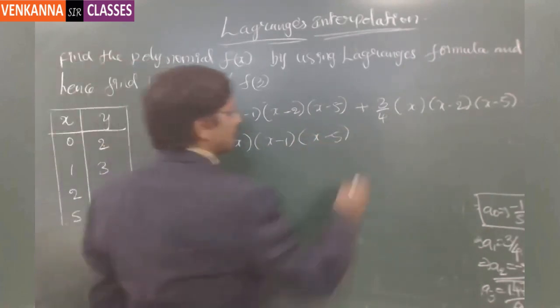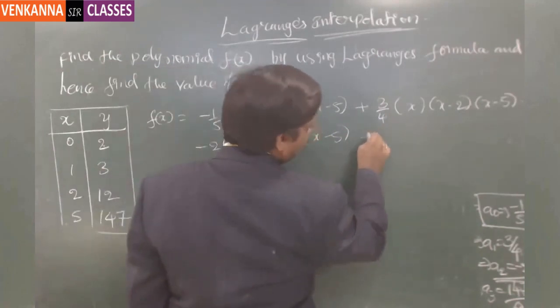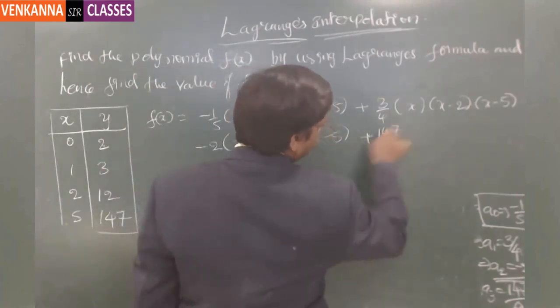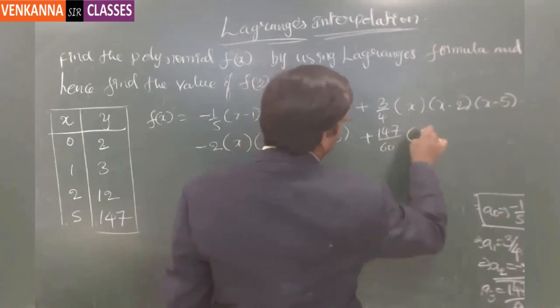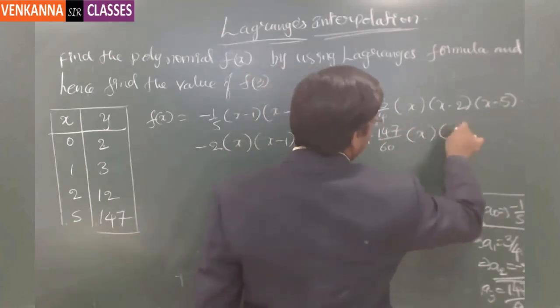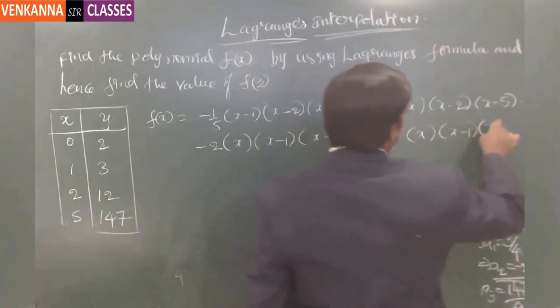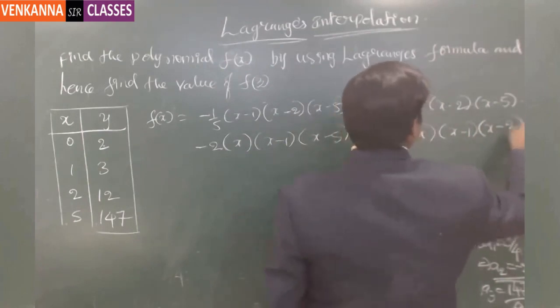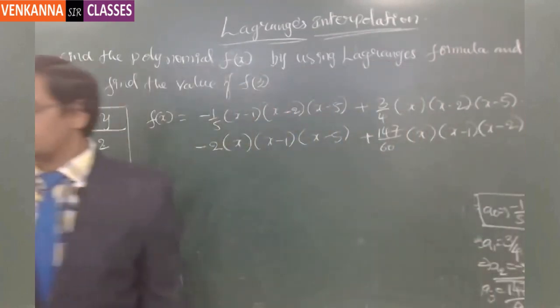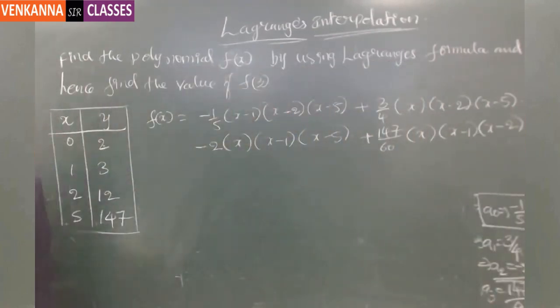And then the next one is plus 147 by 60 getting multiplied by x minus 0, x minus 1, x minus 2. So this is the polynomial. Got it? So we have got the polynomial.